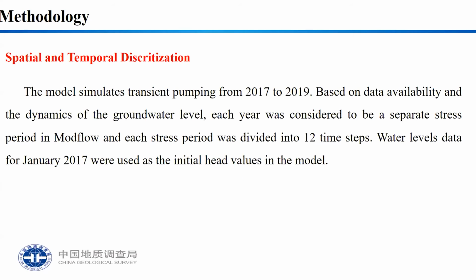The model simulated transient pumping time from 2017 to 2019, and each stress period was divided into 12 time steps. Water level data for January 2017 were used as the initial head values in the model.